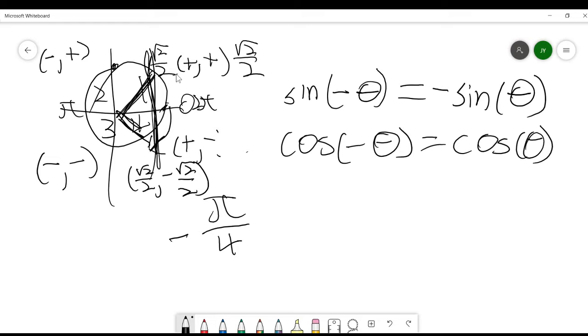So even though you've put a negative angle into the cosine, it's no different from the answer you would get if you plugged in cosine of theta.